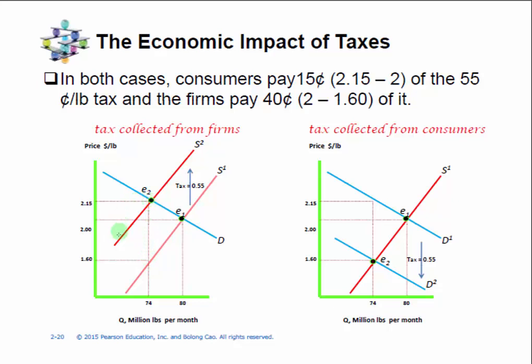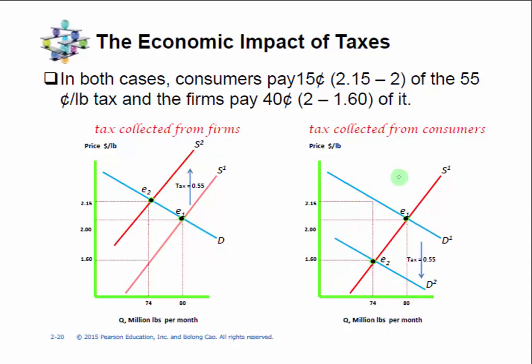And what we are looking at here is that this tax burden of 55 cents is shared between the buyers and the sellers. And obviously here the buyers have a lower share of the tax burden. But that depends on the relative slope of the supply and demand curve.